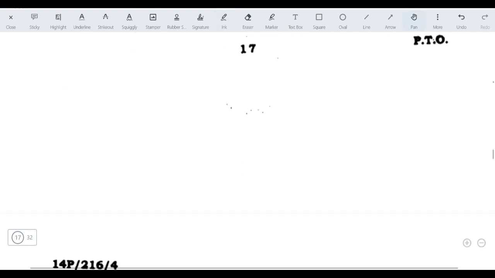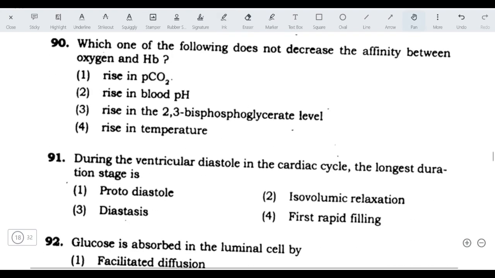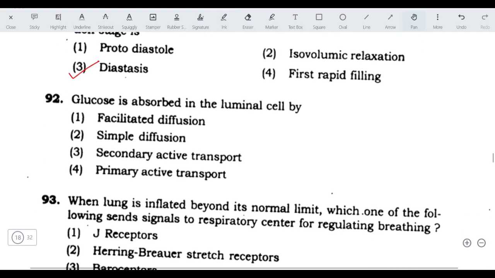Of this question, which one does not increase the effect, during the menstrual, like expiration stage. So here is diastasis, both absorbed, and this is active transport, type secondary active transport.